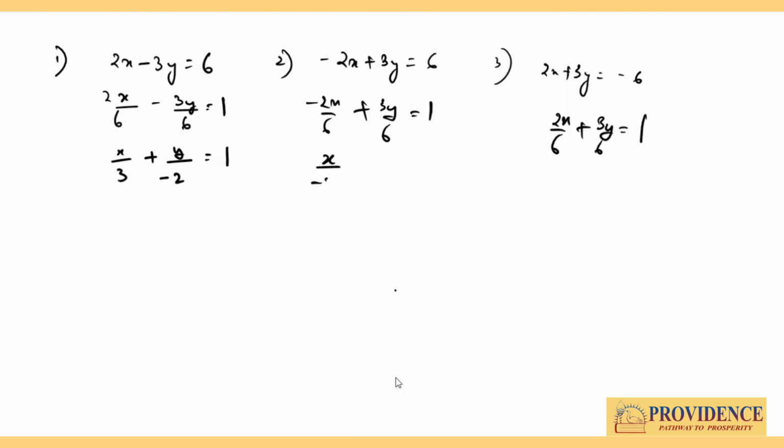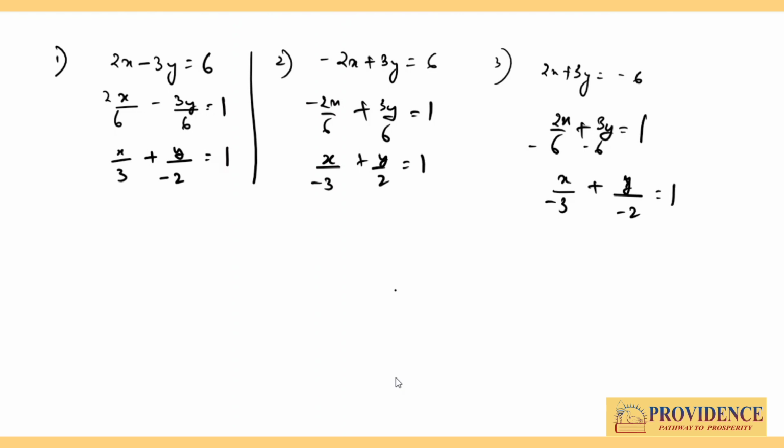Similarly, this will be x by minus 3 plus y by 2 is equal to 1, and this one as, okay, this will be minus 1. So we can bring the minus 6 here actually, instead of writing minus here. So this will give you x by minus 3 plus y by minus 2 is equal to 1.